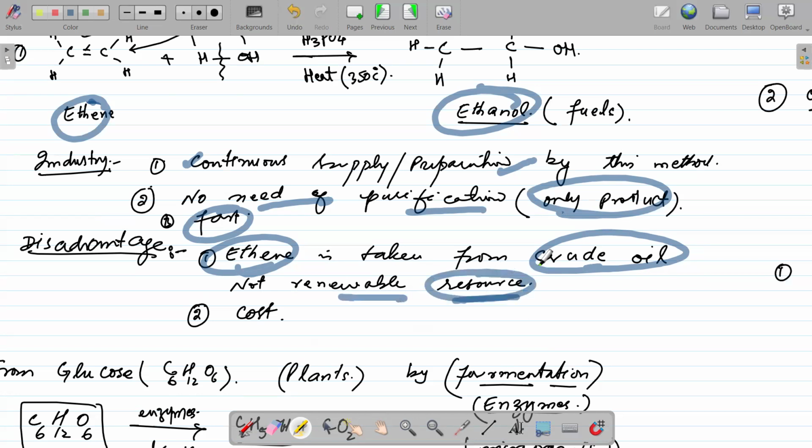So it means after some time, the crude oil, the source of this ethene, will run out, and definitely the whole plant is of no use because the raw material is not available. And secondly, the cost. Definitely we need to supply this ethene from the main source to the industry. So that's why it is a costly process.